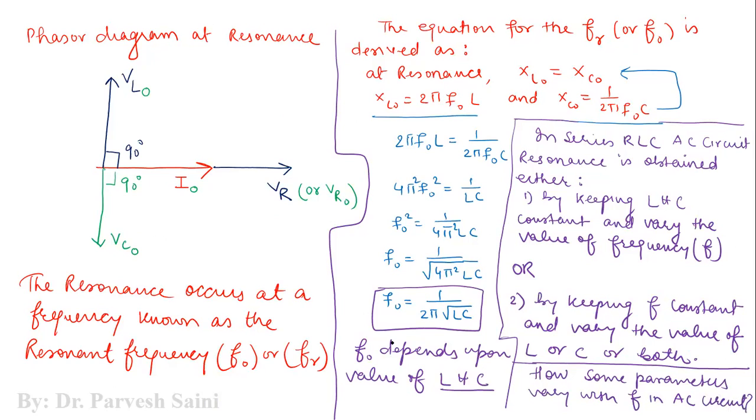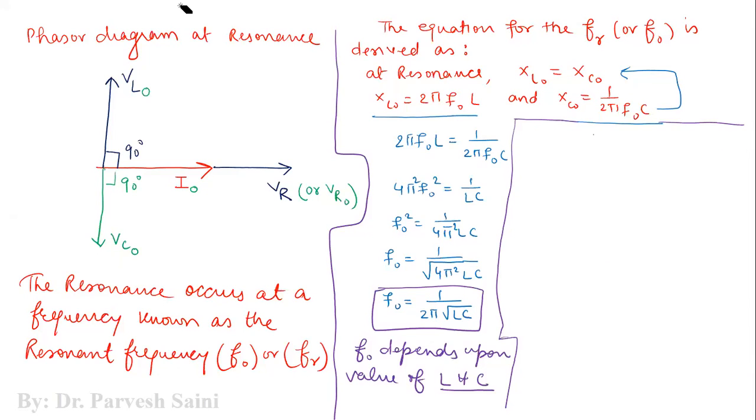So let us understand this with the help of a diagram. Let us draw the variation of certain important parameters of an AC circuit with the frequency. Now this is, let us say, 0. This is your F naught or FR.